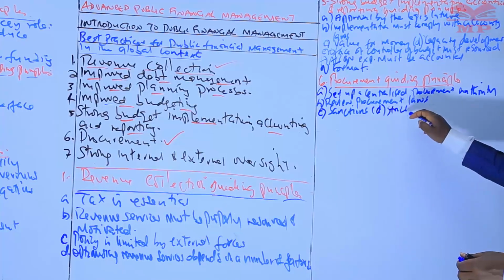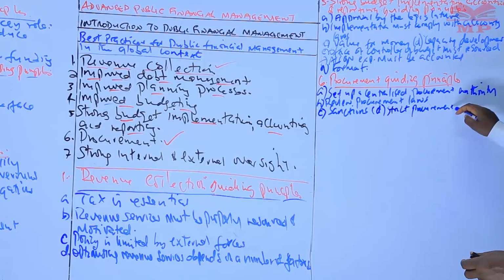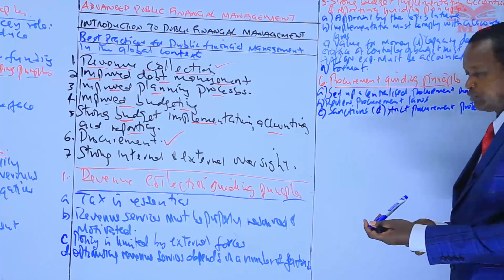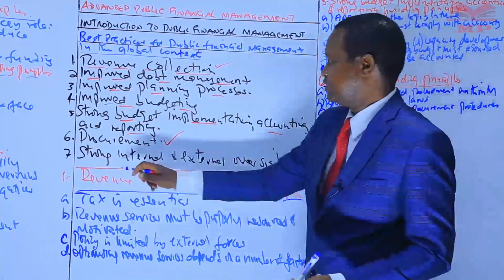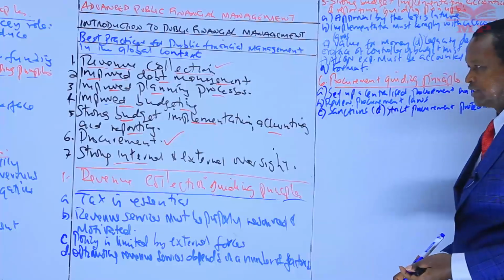Strict procurement procedures. So these are guiding principles on procurement. Then we have guiding principles on internal and external oversight.